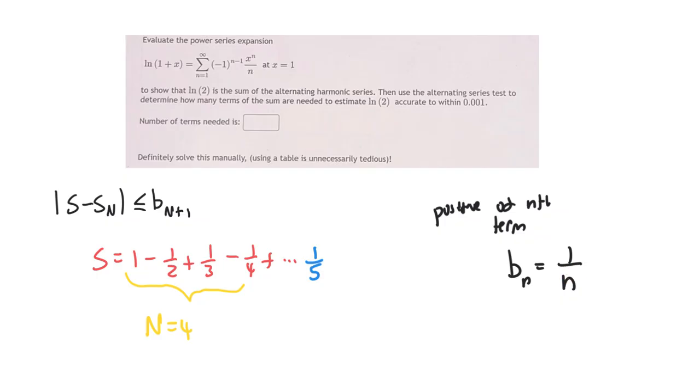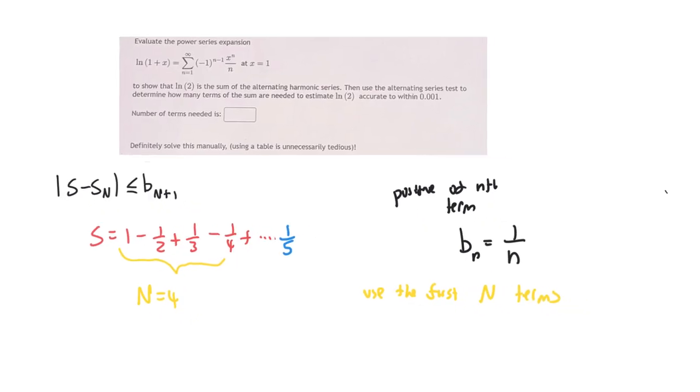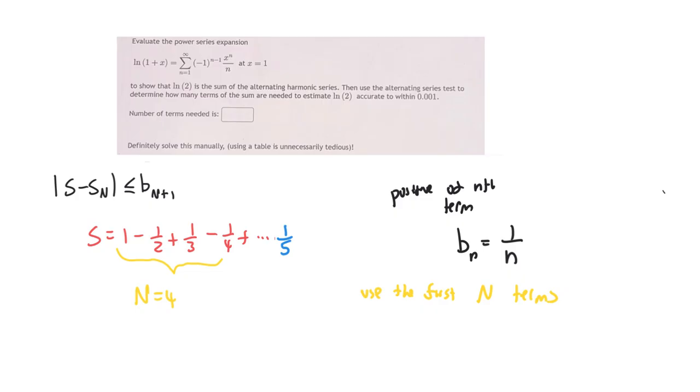Now, imagine we use the first capital N terms. The next omitted term would be b sub N plus 1, and that's 1 over N plus 1.